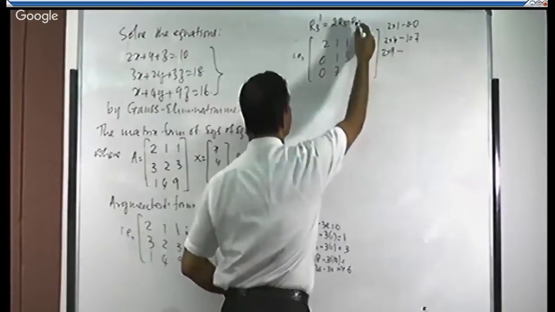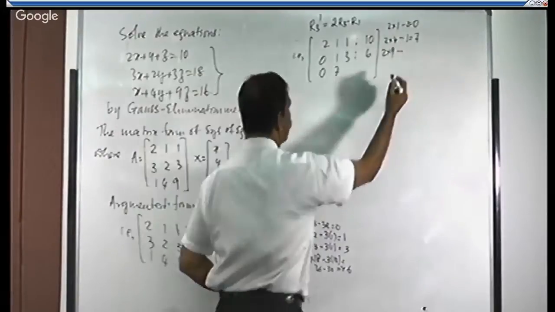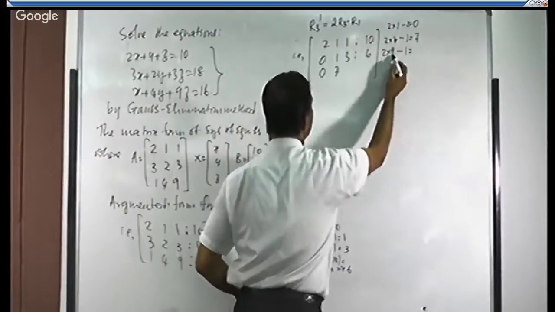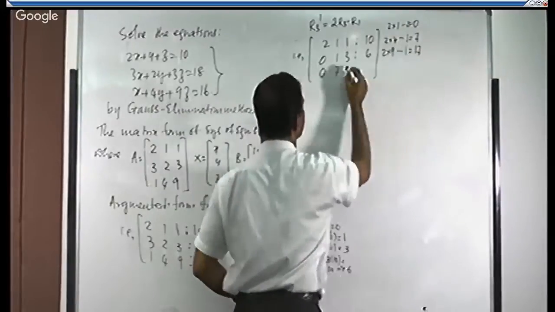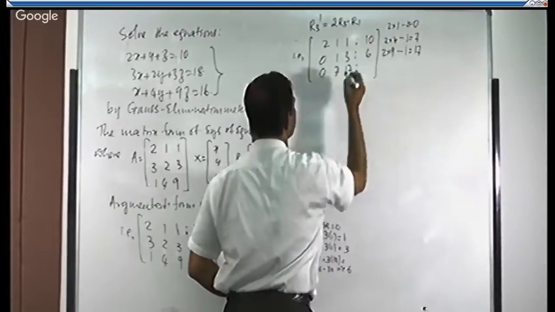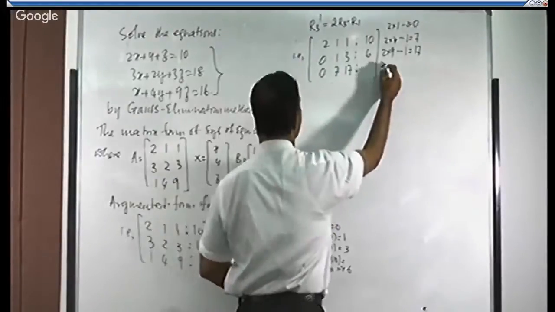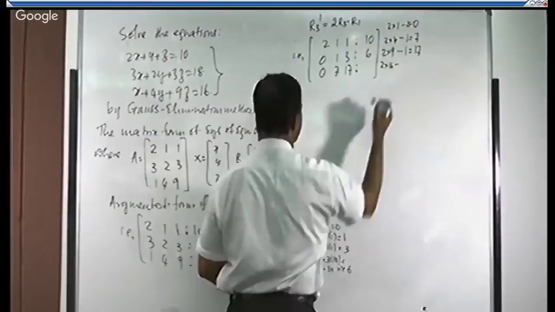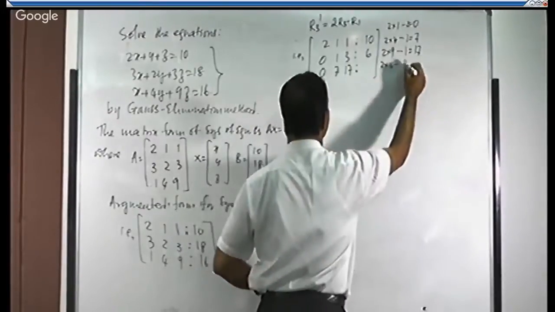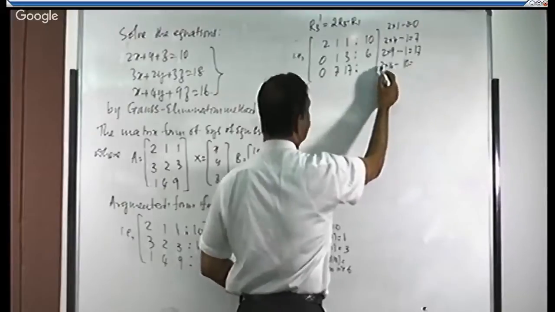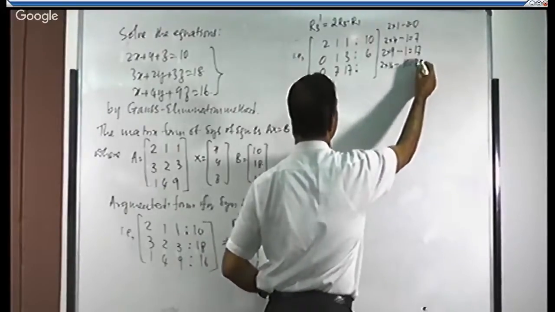Minus R1. For 9 the corresponding element is 1. So it is 2 into 9 is 18. 18 minus 1 is 17. Apply it for this also. That is 2 times 16 minus corresponding element in first row, which is 10. 16 into 2, 32. 32 minus 10, 22.